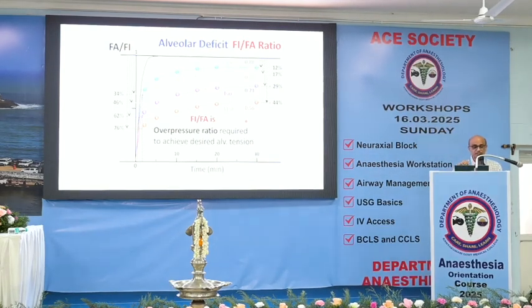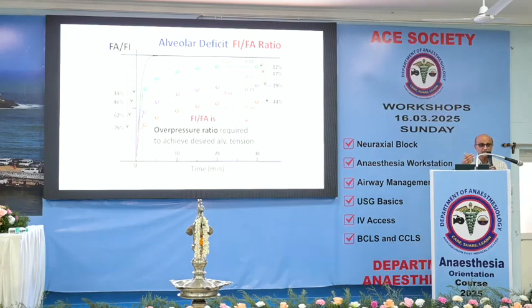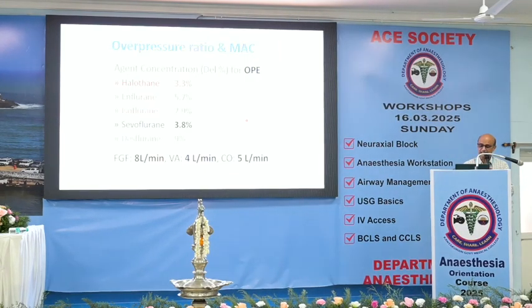That is what is called the FI/FA, which is determined by the overpressure effect. So that much concentration has to be produced in the alveoli, that partial pressure has to be produced in the alveoli to get a better induction or get the patient to a faster depth of anesthesia.